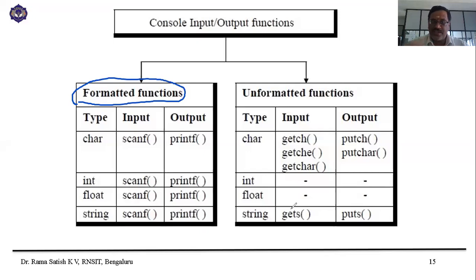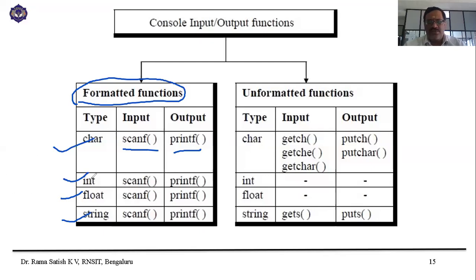If you use control strings, then you have to use scanf or printf. For character, you can use scanf or printf. Yes, it works. Same way for integers, scanf, printf. For float, scanf or printf. For string, which is nothing but a name, a collection of characters, a group of characters, anyhow we'll discuss that in an upcoming class. Of course, for string also, we can use scanf and printf.